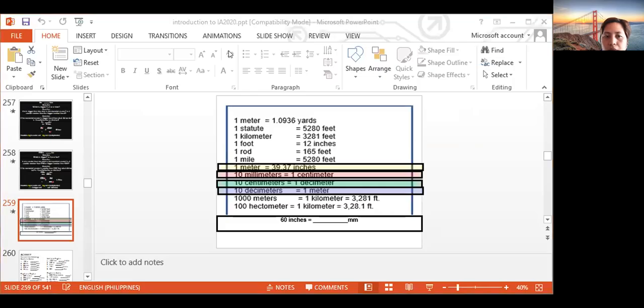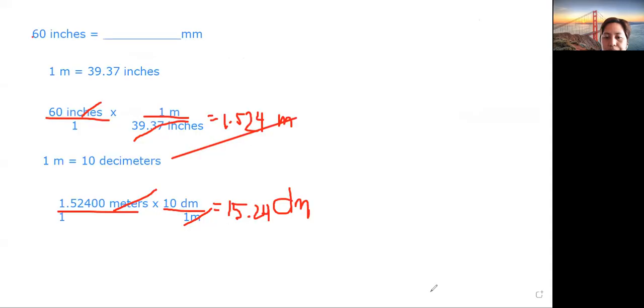So 1 decimeter is equal to 10 centimeter.